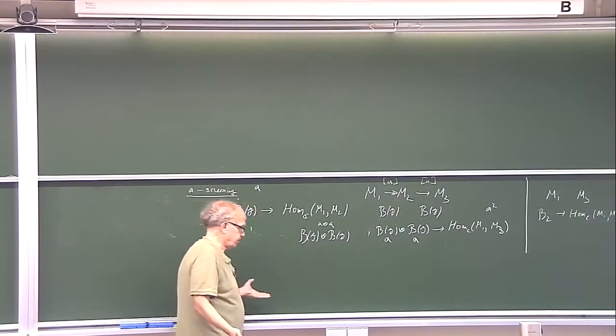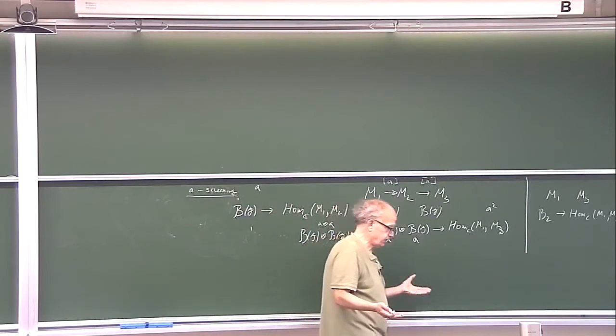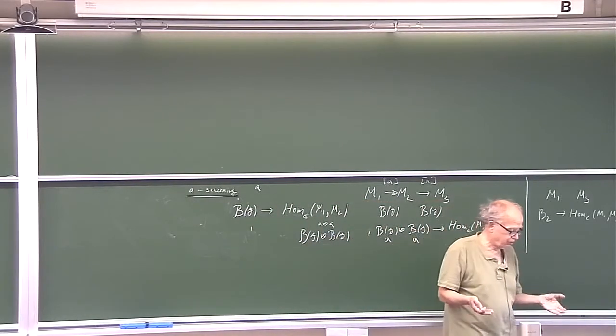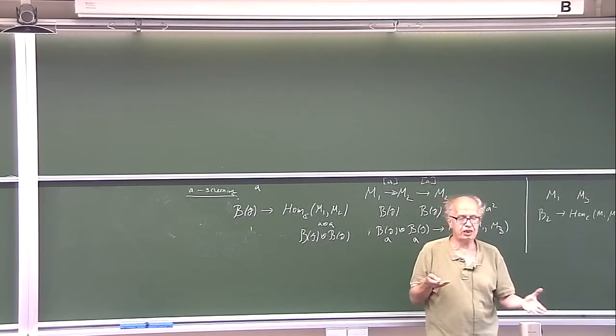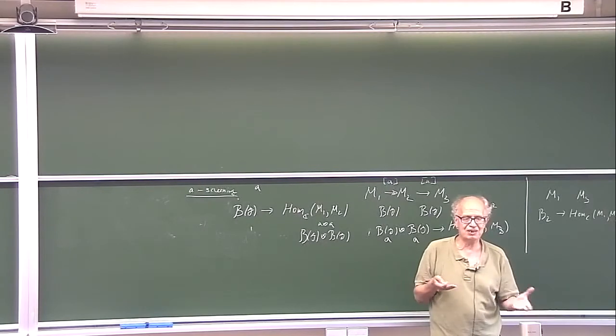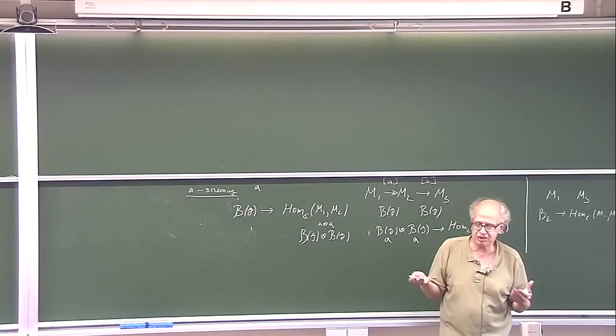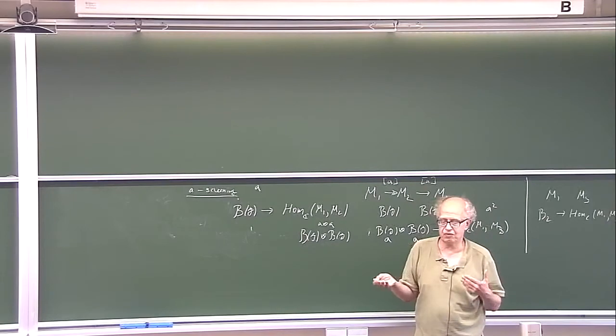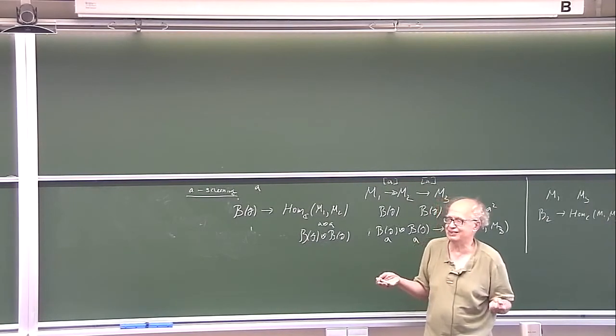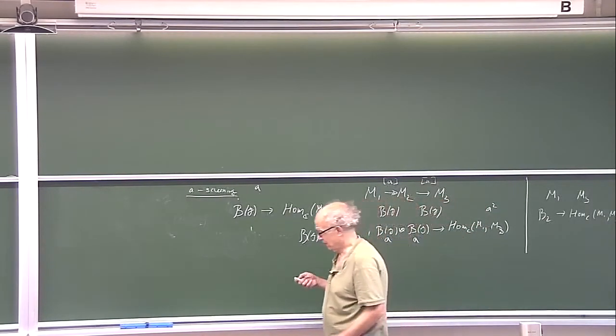Now, in principle, such a construction looks strange because we can get some category this way, but the spaces of homomorphisms are too big and rather hard to control.